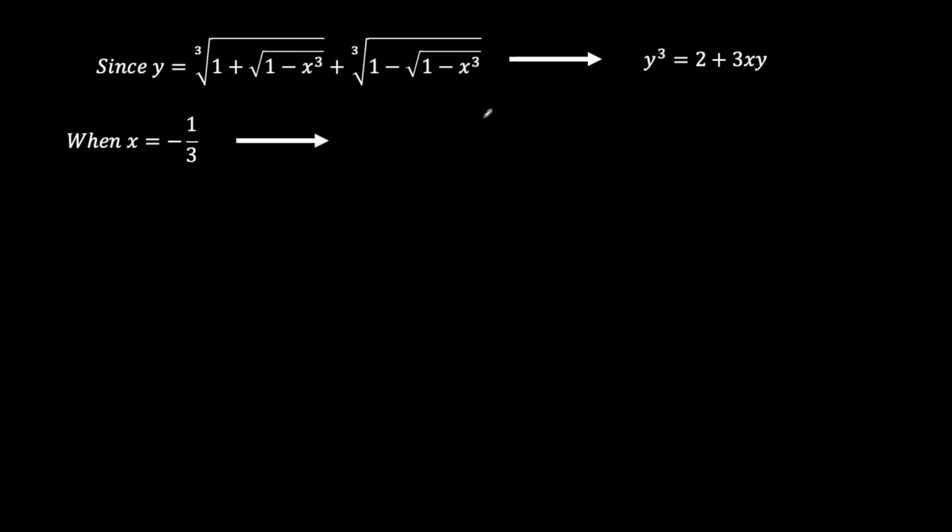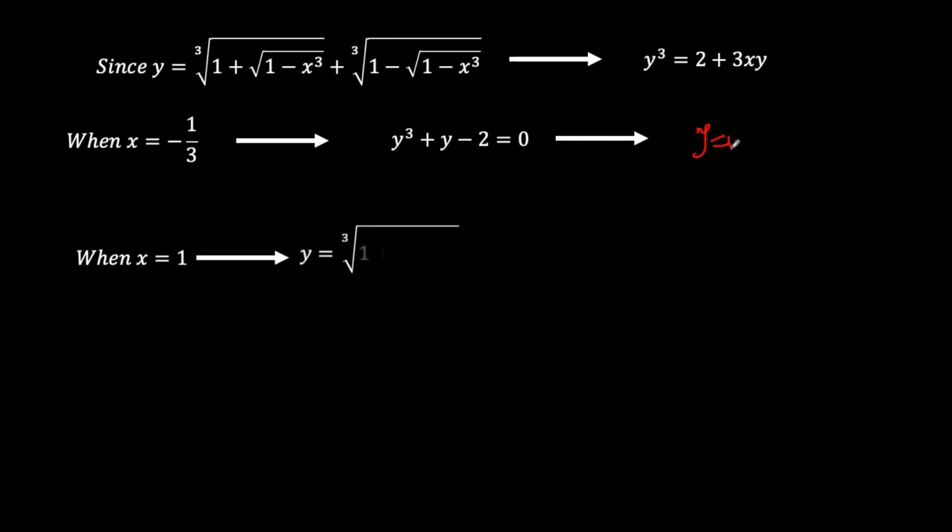And so when you take everything on the right to the left, y cubed plus y minus 2 equals 0. So a very quick trivial solution is when y is equal to 1. When y is equal to 1, that equation holds, right?